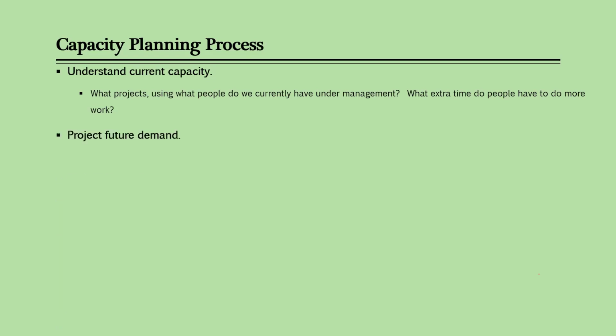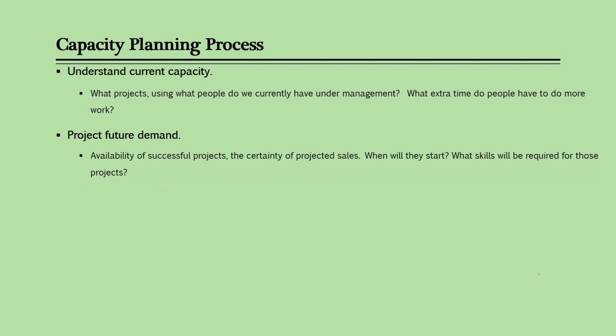Then project future demand. We have to see the availability of successful projects, how many projects are in a good position, and the certainty of the project sales. So how can we be certain whether they are able to generate sales? Certainty means the assurance of the projected sales. Then when will the project start? What skills are required for the project? Likewise, we have to project future demand, which means we have to focus on future sales.